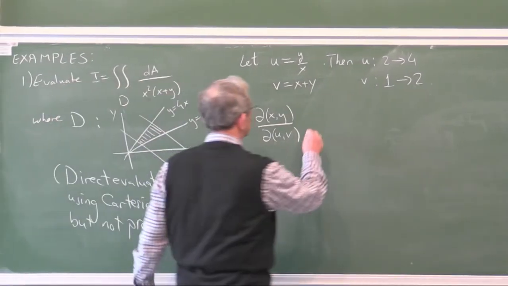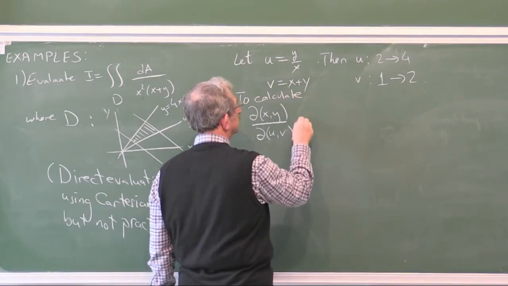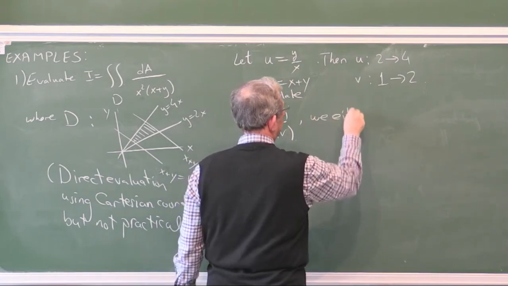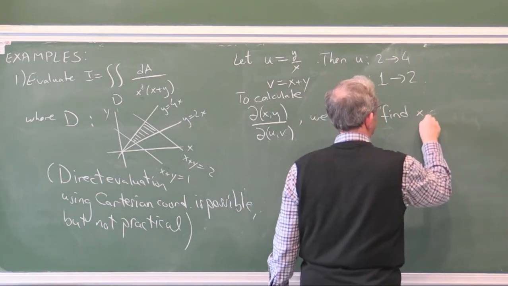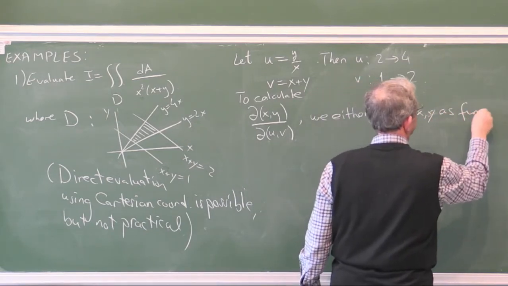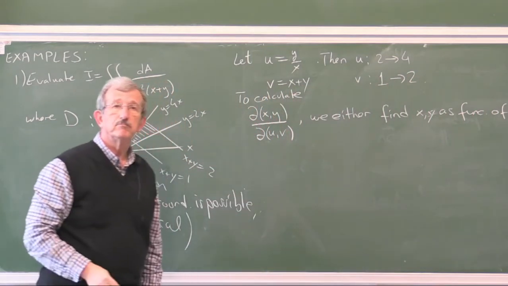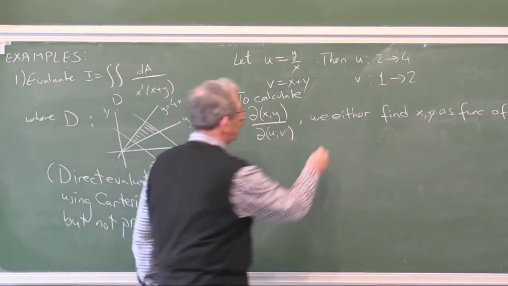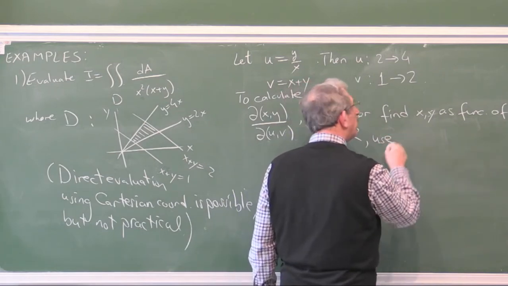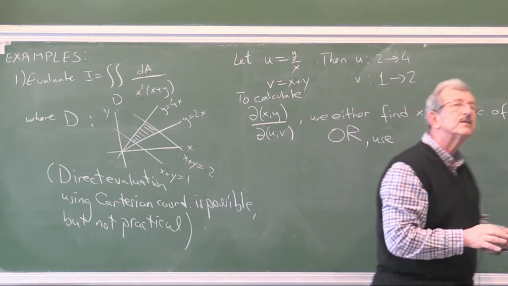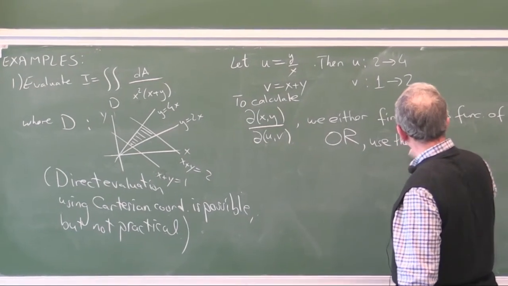So in other words, to calculate this, we either find x and y as functions of u and v, and then carry out the operation, or use the property of determinants, or rather Jacobians, which is very important here, or use the following fact from linear algebra.